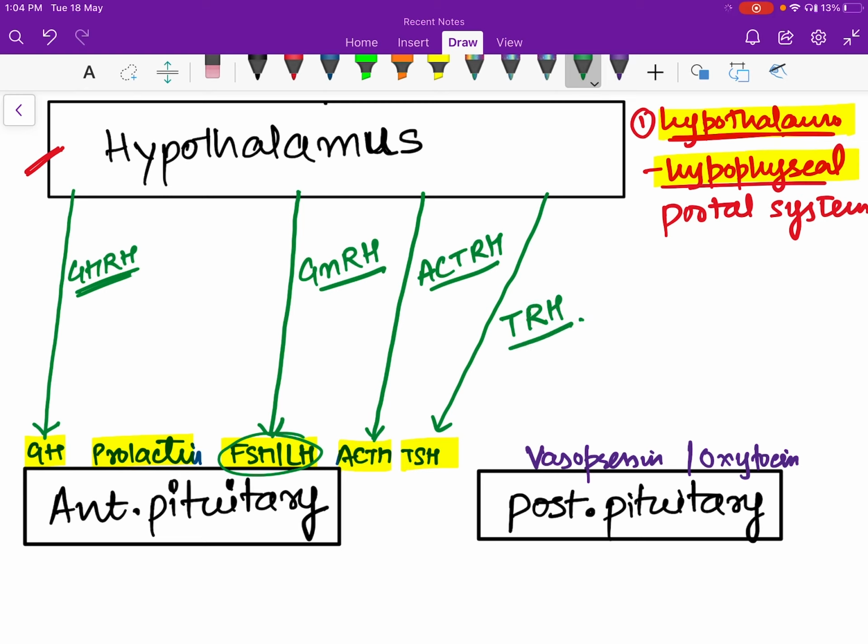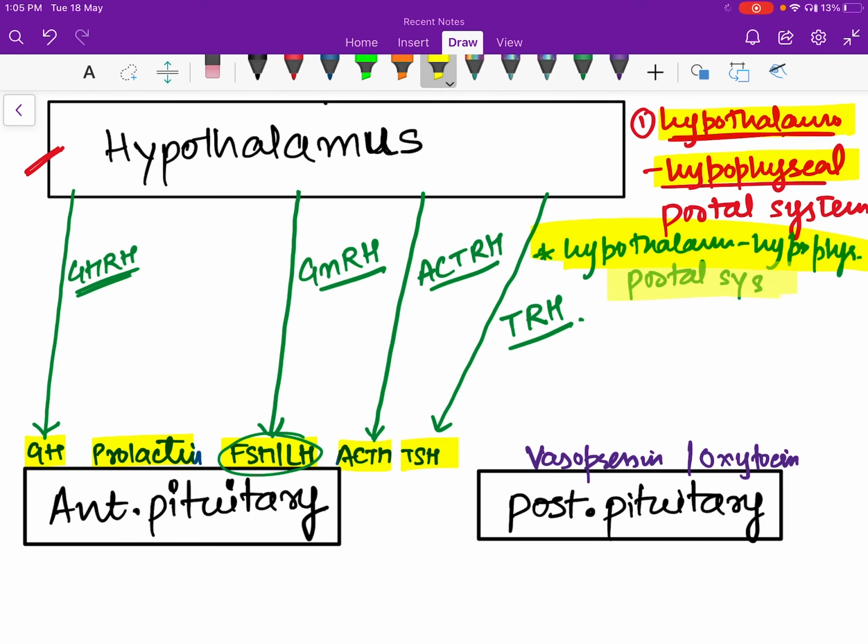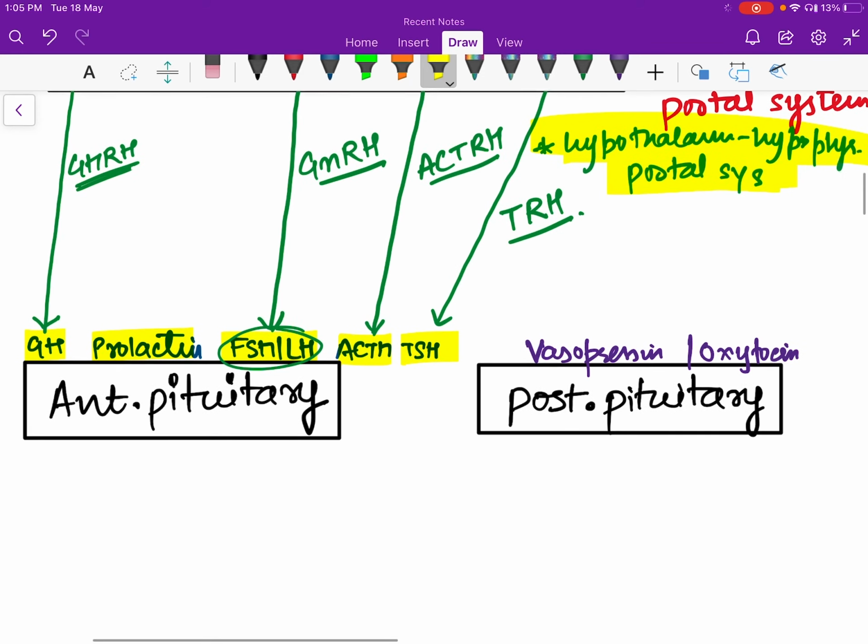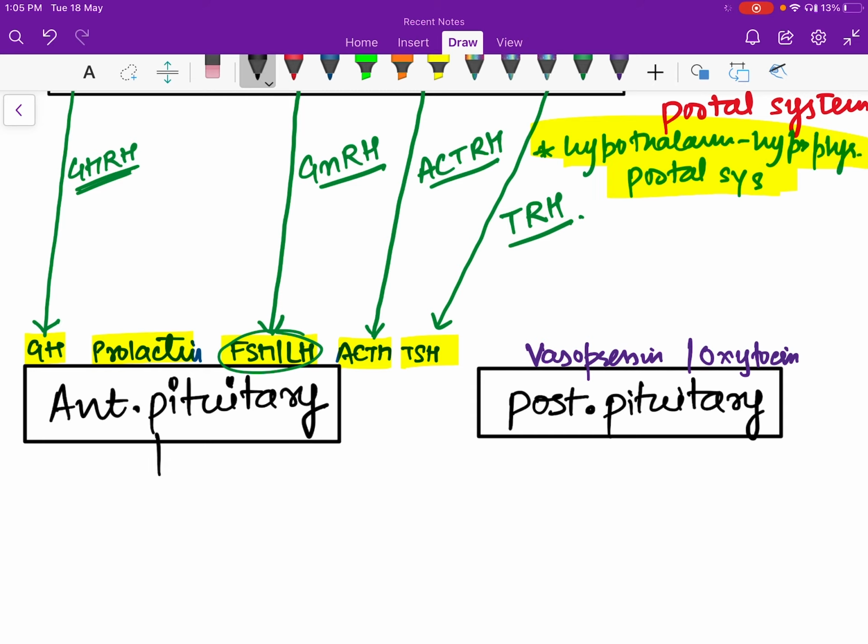These hormones are produced by hypothalamus and they reach the anterior pituitary through the hypothalamo-hypophyseal portal system, and from the anterior pituitary these hormones are released into the blood.